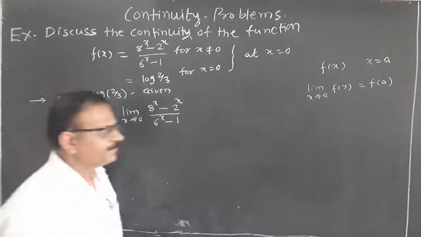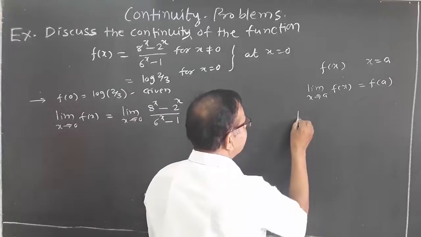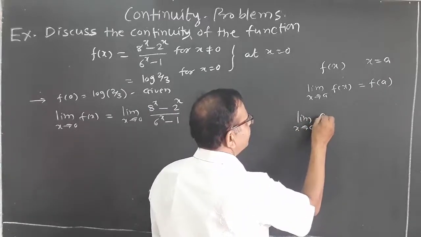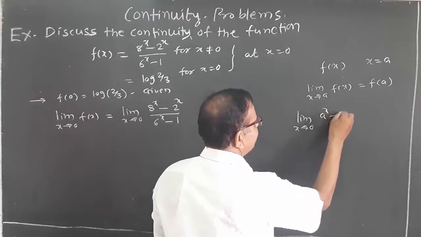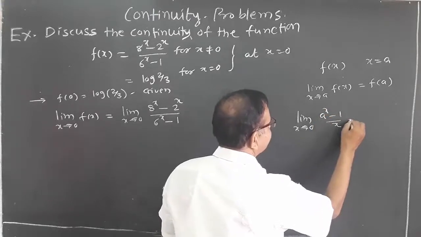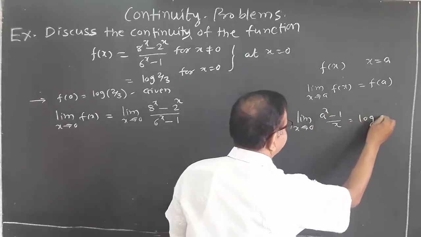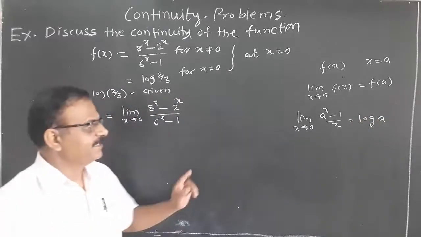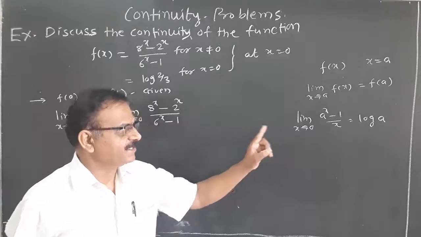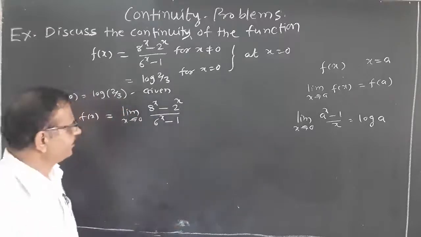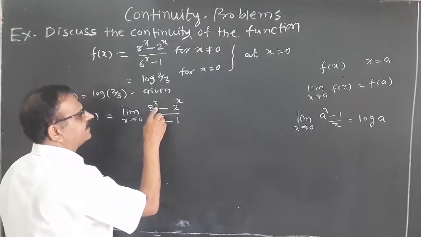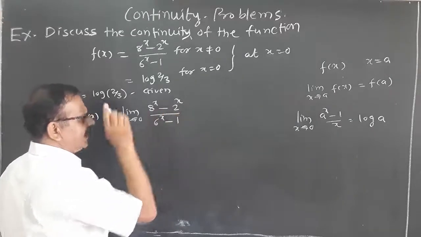We know that limit x tends to 0 of (a^x minus 1) divided by x equal to log of a. We know this formula. For applying that rule, we shall here subtract 1 and add 1.